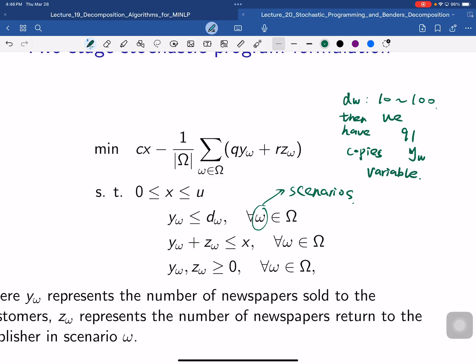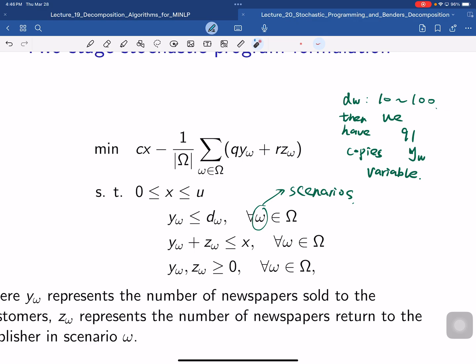So we have a second stage decision for each scenario in this problem. Yeah, that makes this optimization problem quite large, since you need to copy all your second stage decisions for each scenario.